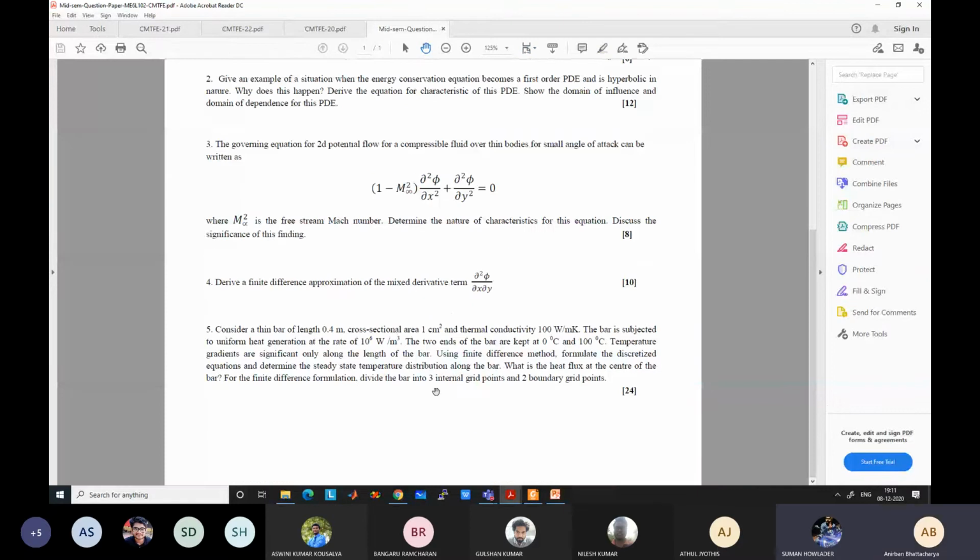Will you expect that type of question? Yes, there may be, but it may be based on finite volume, to solve based on what you taught and the schemes which you taught, sir.